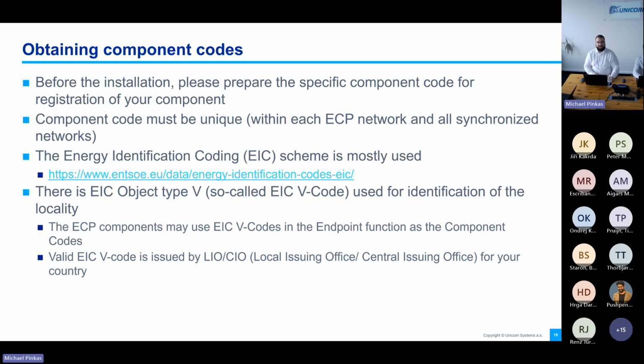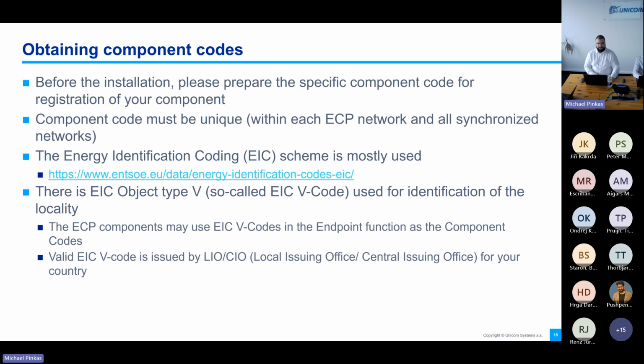Another thing is to obtain the component code. The component code needs to be unique within each ECP network and also all synchronized networks. The energy identification coding, so EIC, scheme is mostly used.